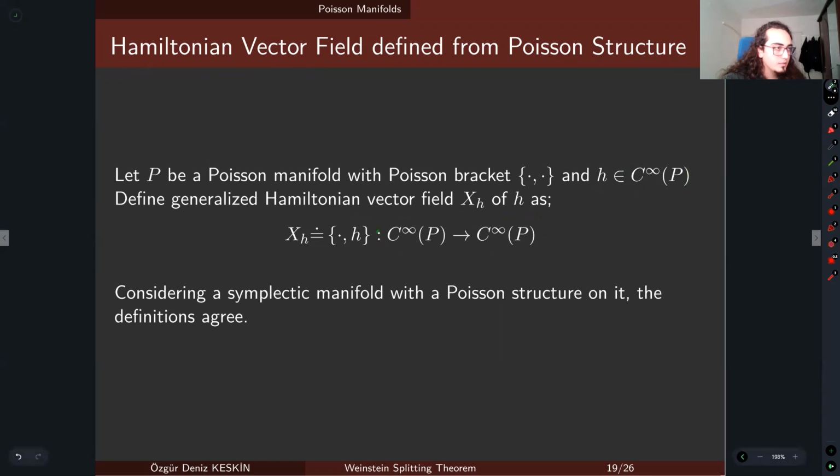And this is the same thing as a vector field. And if our Poisson manifold is also a symplectic manifold, the two definitions of Hamiltonian vector fields will coincide.